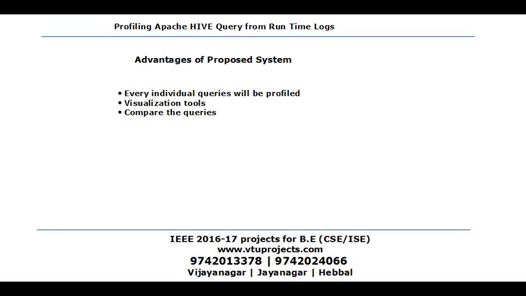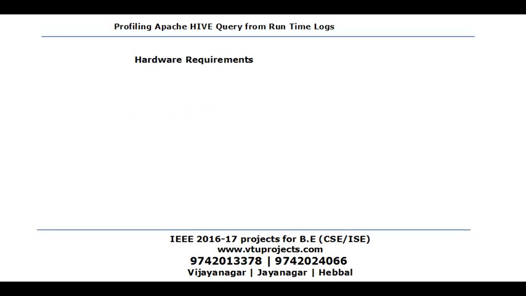So coming to the last part of this particular video, the hardware requirements and the software requirements. Coming to the hardware requirements, we don't need any specialized hardware to implement this project, because this is a technologically intensive project, not a hardware intensive project.